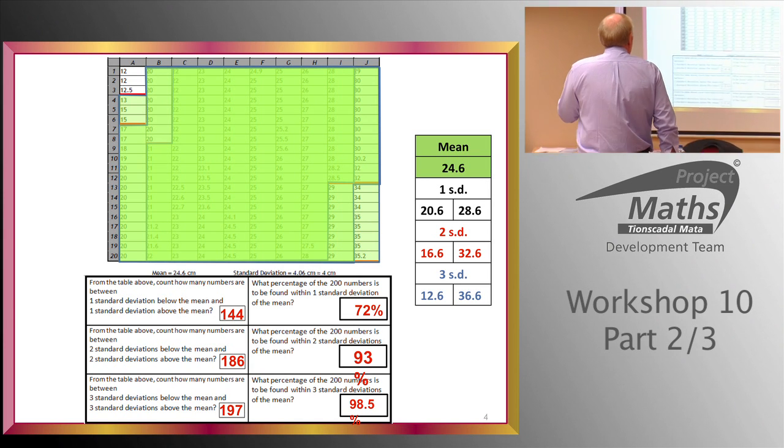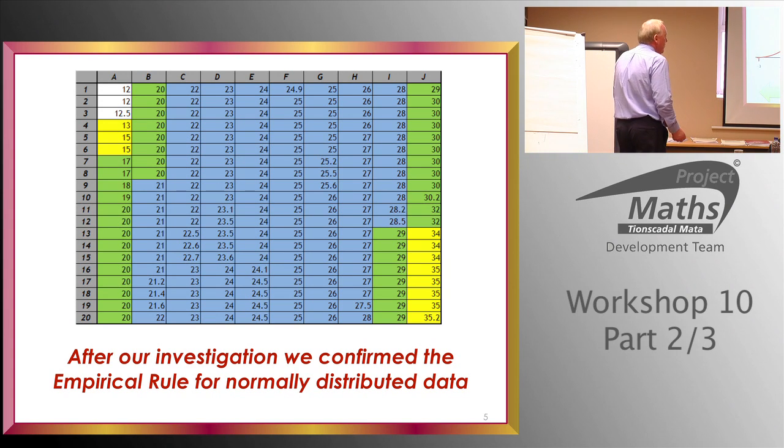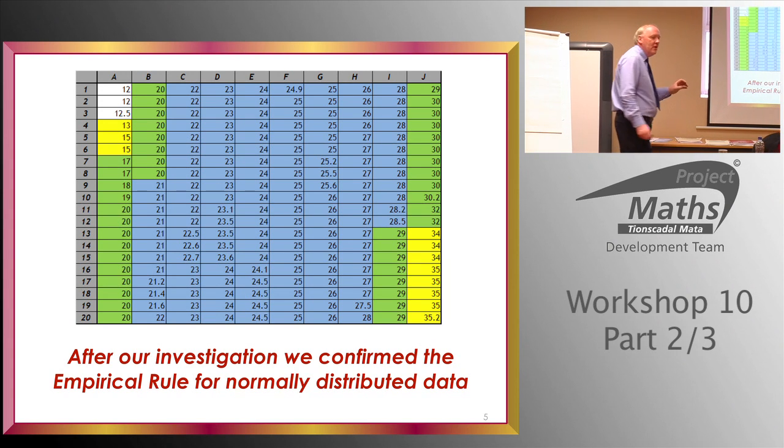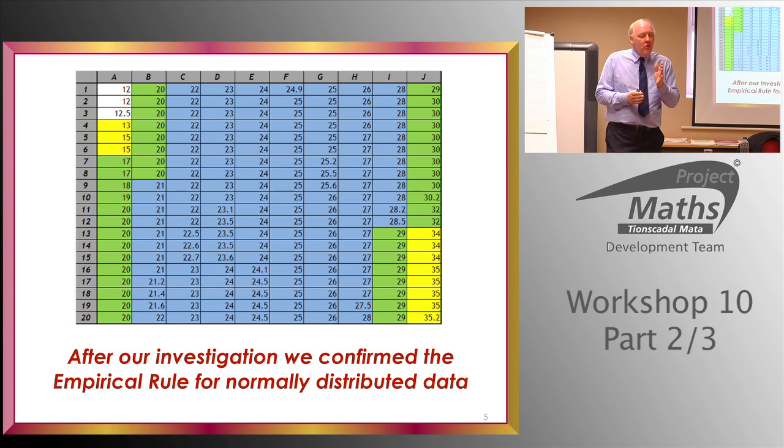Now after you concluded all that, then you confirmed what we call the empirical rule for normally distributed data. Okay, now the empirical rule is very important for our ordinary and higher level leaving cert, okay?